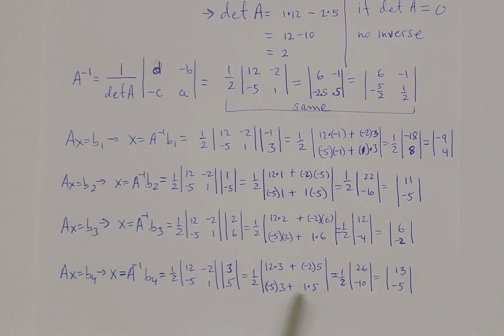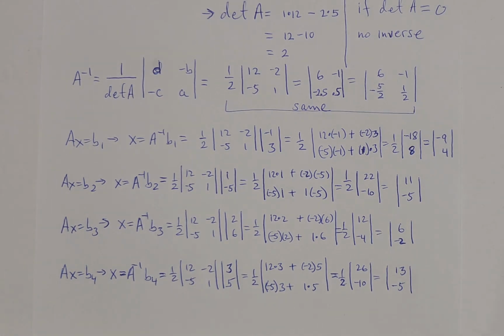Don't forget the 1 over 2. This gives me 36, and this gives me negative 10, so 36 subtract 10 is 26. This gives me negative 15, and this gives me positive 5, so negative 10. With the 1 over 2, that gives me 13 and negative 5. So this is the solution for B4.